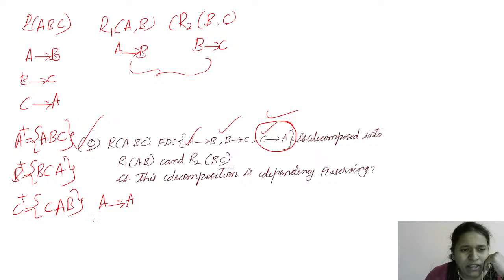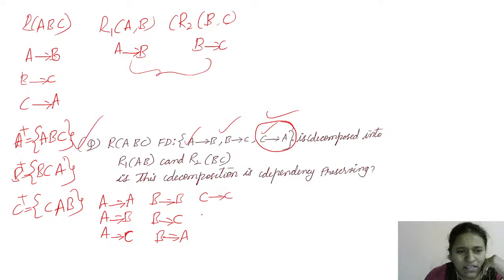A to A, A to B, A to C, and B to B, B to C, B to A. And here C to C, C to A, C to B.